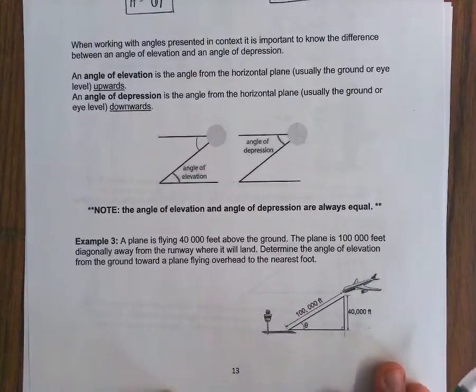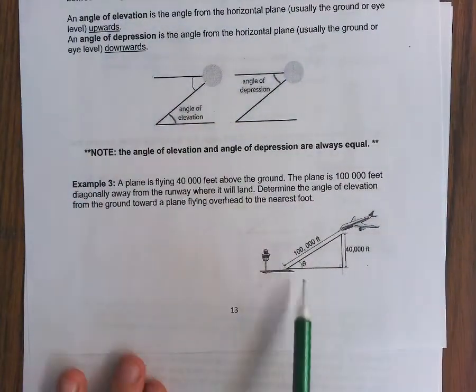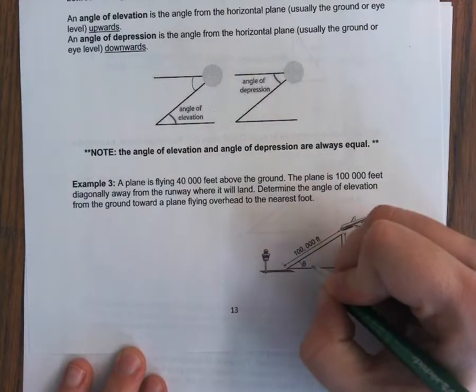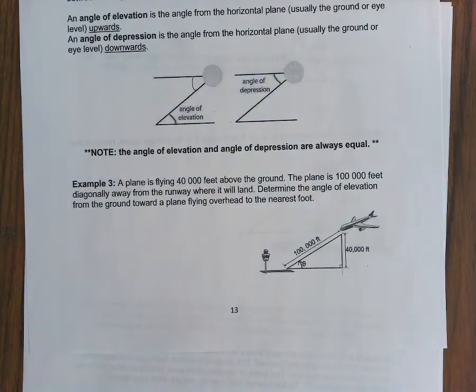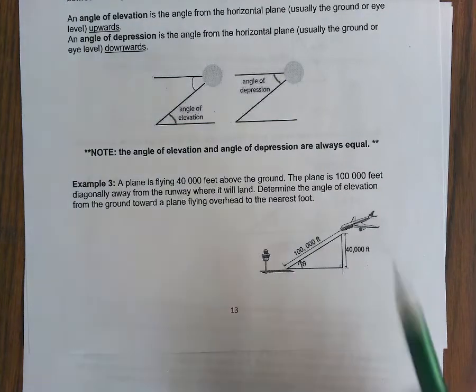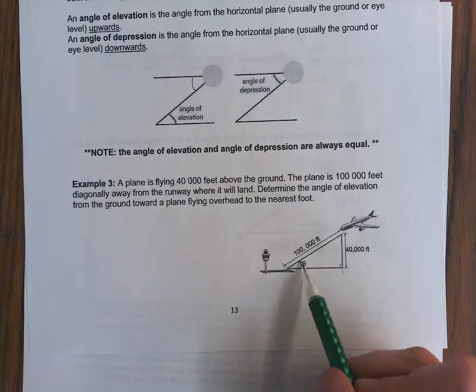So this is an angle of elevation because we're going from the ground upward, toward this line. When we're solving for this, it's the same thing. This is the angle we're concerned with, so we're going to label our sides according to that.